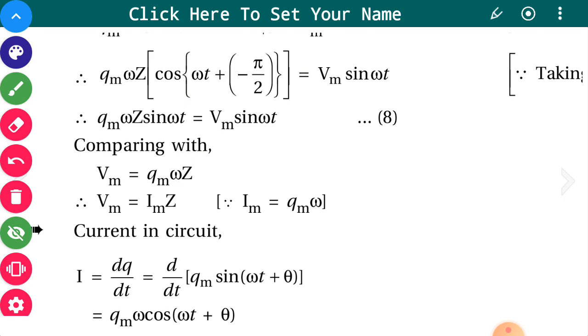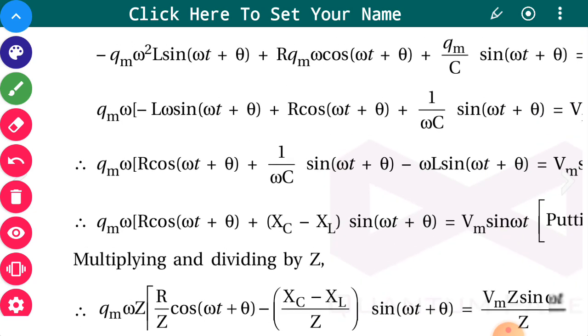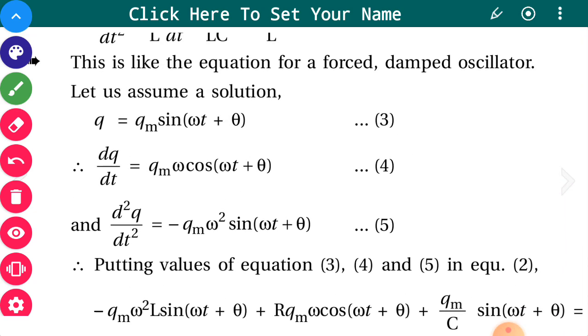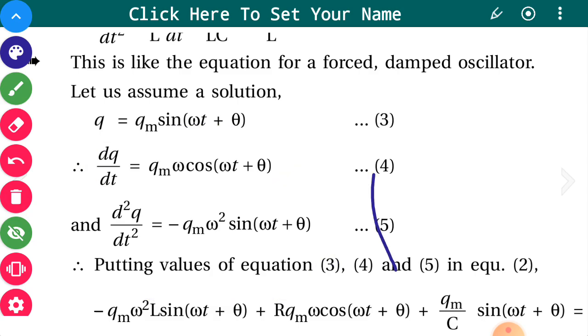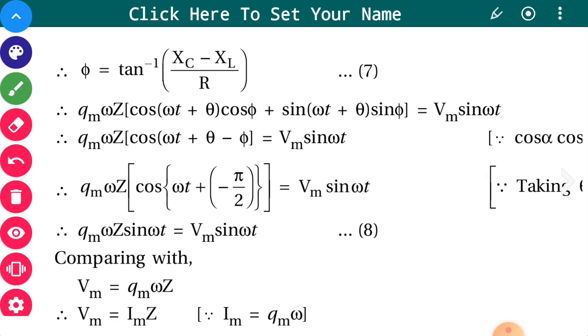Now if you want to find the current in the circuit, we just have to take the differentiation. So I is equal to dq by dt. We take the differentiation of Qm sin(omega t plus theta), which gives Qm omega cos(omega t plus theta). This is dq by dt, which is nothing but current.